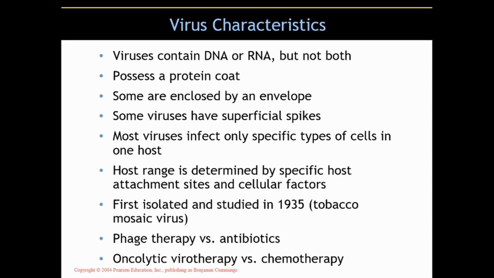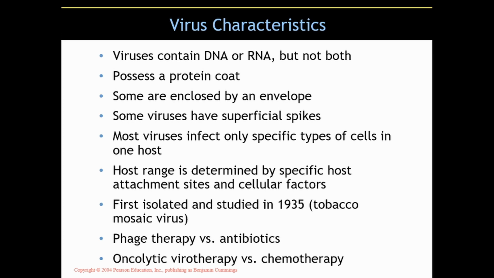For example, influenza, originally theorized to be exclusively an avian or bird virus, is able to infect pigs or swine, and of course humans as well, having adapted its way into other groups of animals.